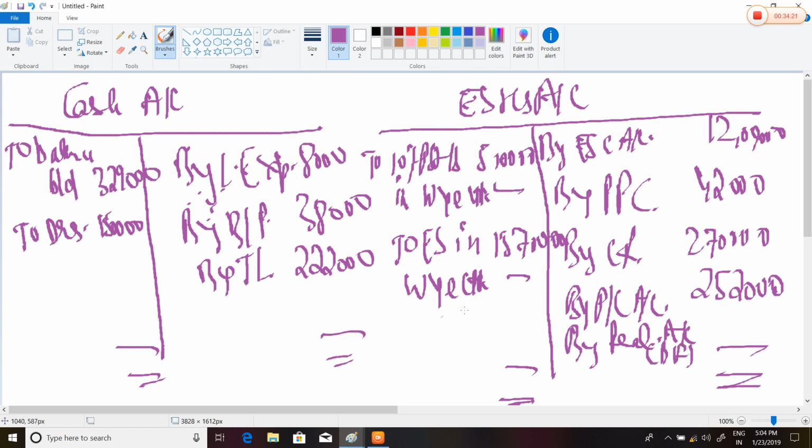If the debit side total was short, then we'll adjust it by doing to cash account, because we have to provide money also to equity shareholders. So 20,80,000 is the total. The realization profit comes out to be 3,16,000.